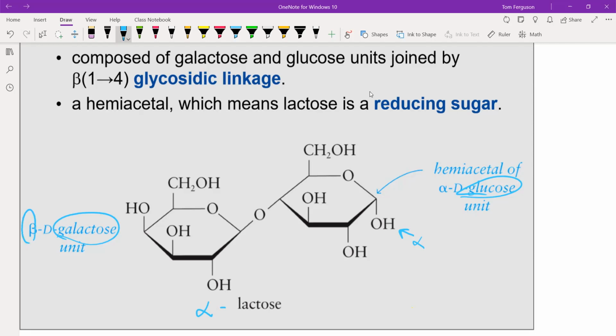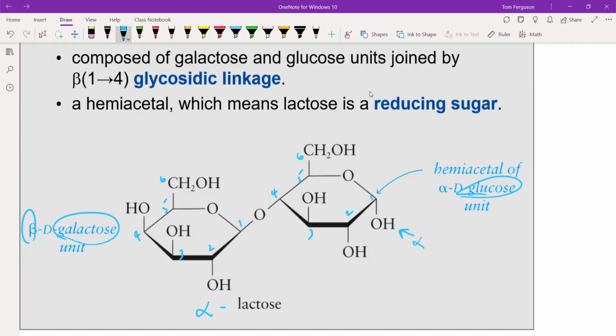That means the OH group from which we started has to go up. And if we label these now, this is going to be carbon 1, 2, 3, 4, 5, 6. 1, 2, 3, 4, 5, 6. Okay, so carbon 4 has to go down because it's glucose. It cannot go up or down. The only one that can go up or down is carbon number 1.